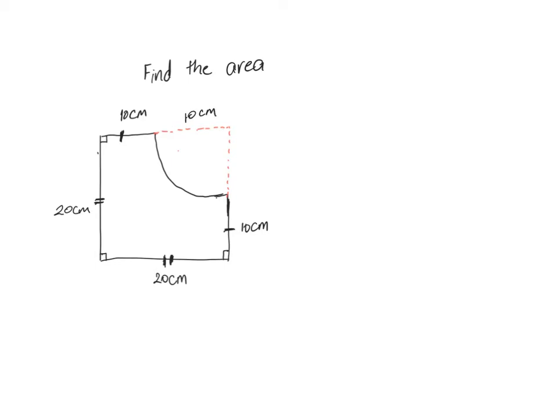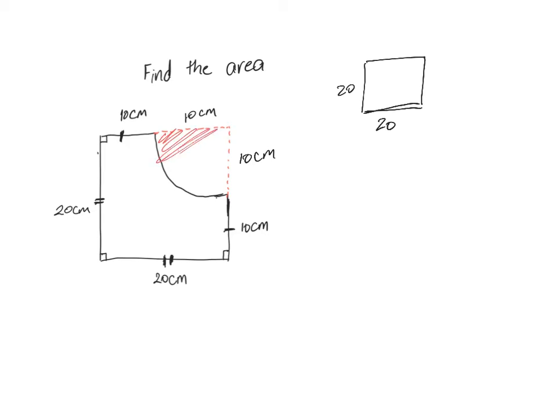Similarly, if this whole thing is 20, because over here it's 20, and that part is 10, then this part right here has also got to be 10. So that's 10 centimeters. So the whole figure without that portion cut out is a 20 by 20 centimeter square.